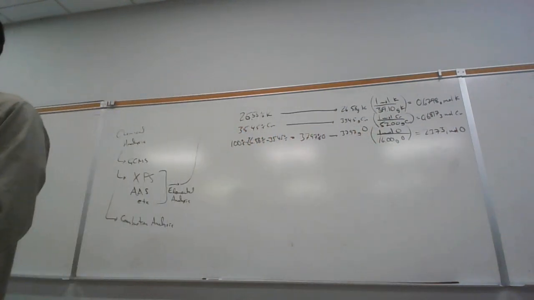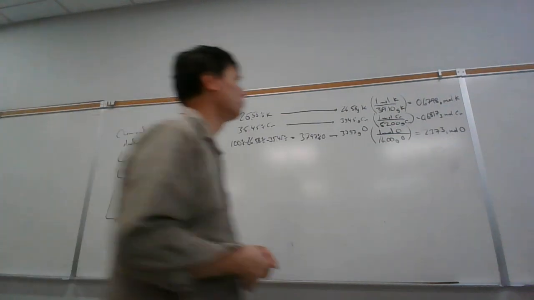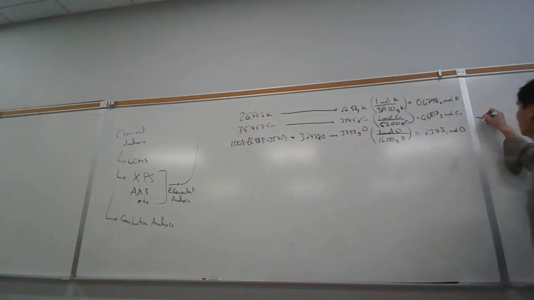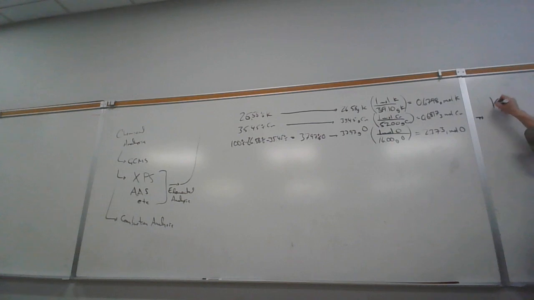So a chemical formula is the mole ratio. And so what I'm going to do is get the formula for this. The formula is going to be K 0.67980, Cr 0.68173, O 2.3731. Now can you name this for me?